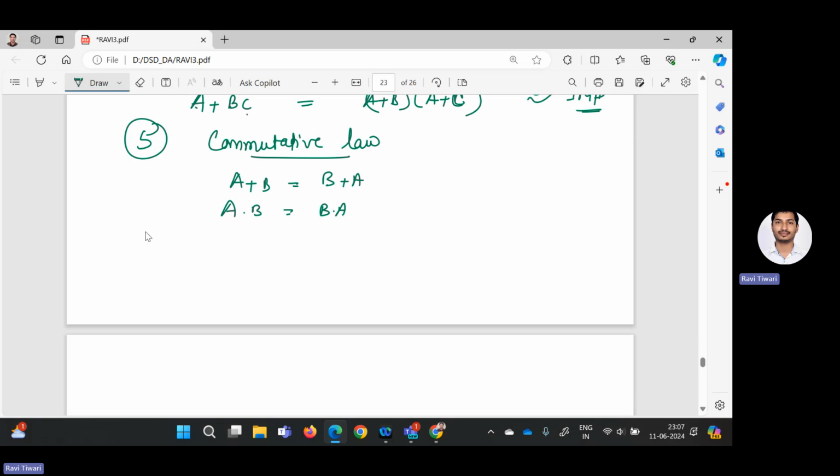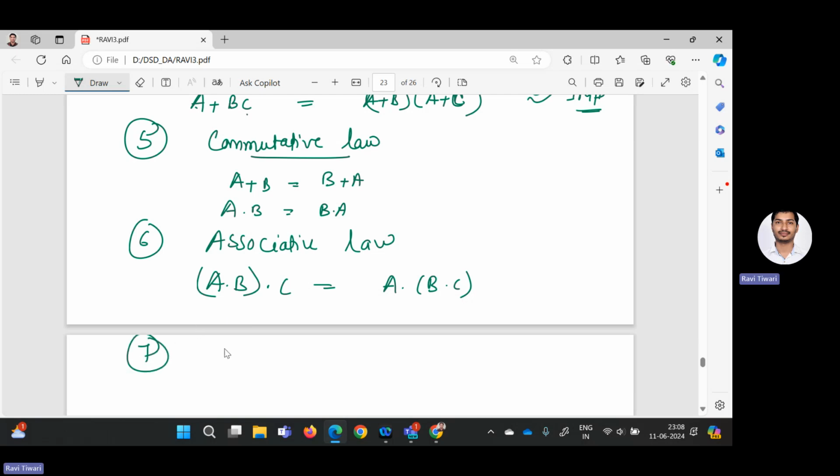After this, we have the sixth rule in Boolean algebra, that is the associative law. This law says that A dot (B dot C) is equal to (A dot B) dot C. That means either you perform the AND operation between A and B first and later with C, or you can perform the AND operation between B and C and later with A.